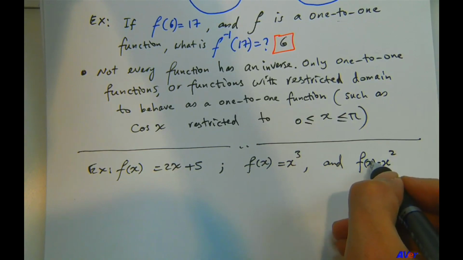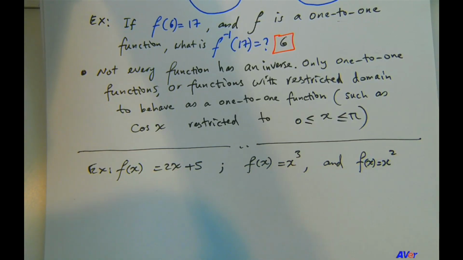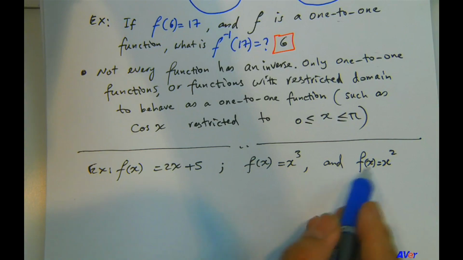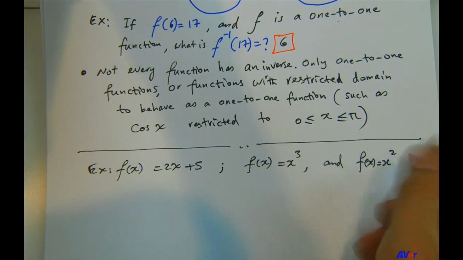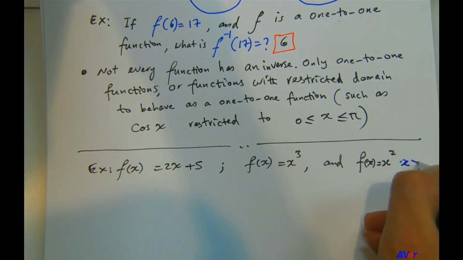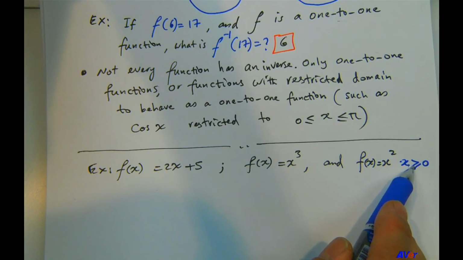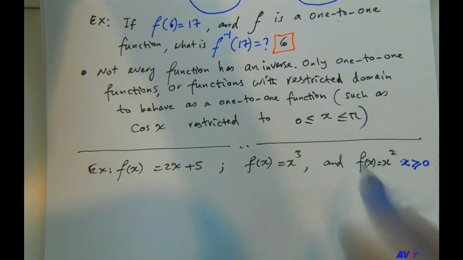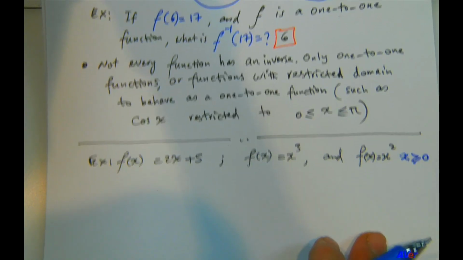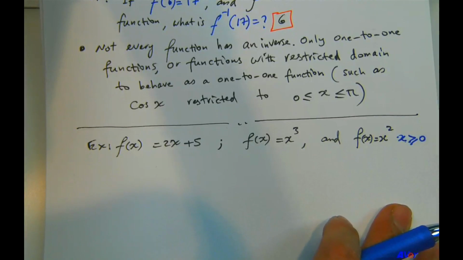Notice that f of x equals x squared is not a one-to-one function. But we can find the inverse for it if we restrict this function to some domain where it is one-to-one, so x greater than or equal to 0. This x is restricted to all positive values and 0. In that case, it becomes a one-to-one function, and we can talk about the inverse of it then.